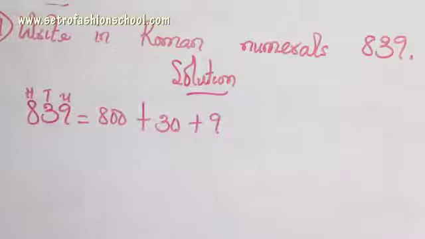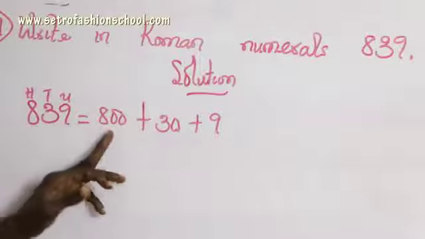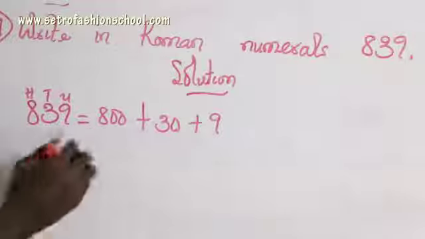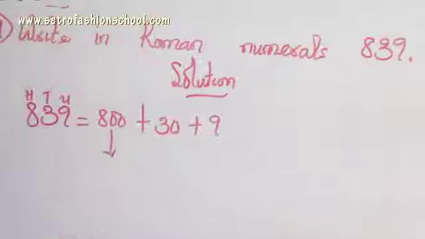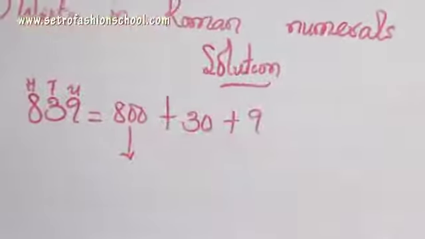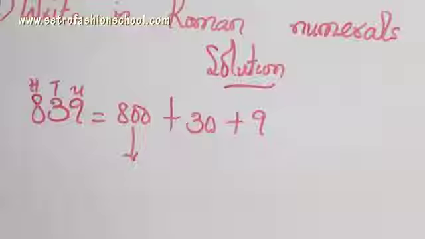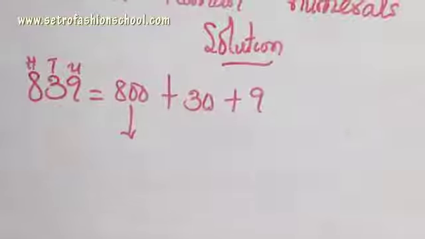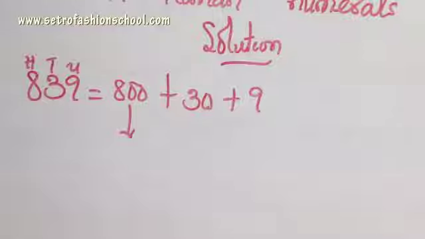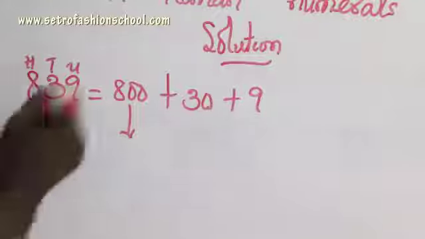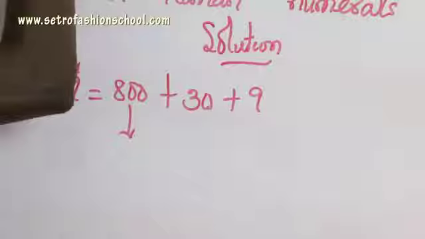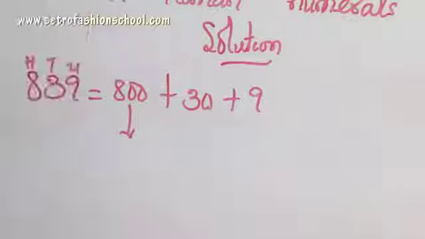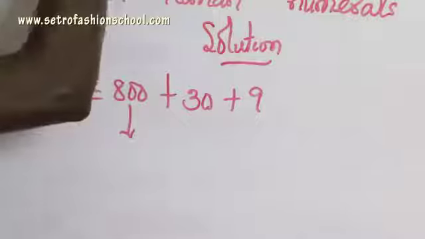After you have expanded this, the next thing is to observe the 800 and turn it to Roman numeral. Do you remember that 800 is closer to 500 in Roman? Yes. And that will be 500 plus what? 500 plus 300, correct?